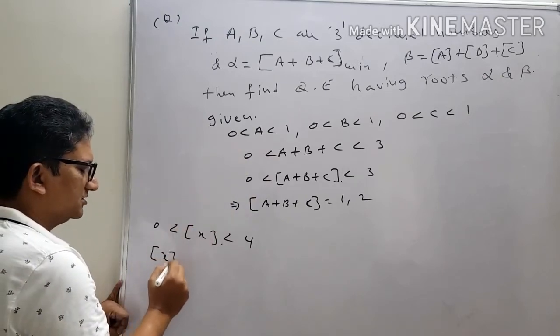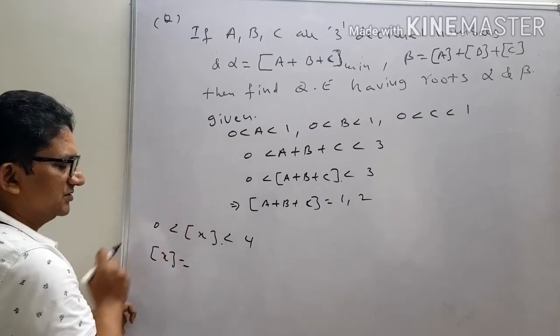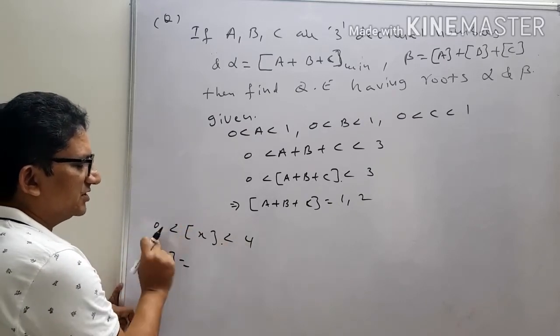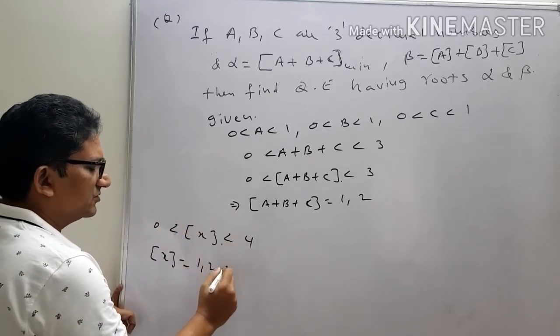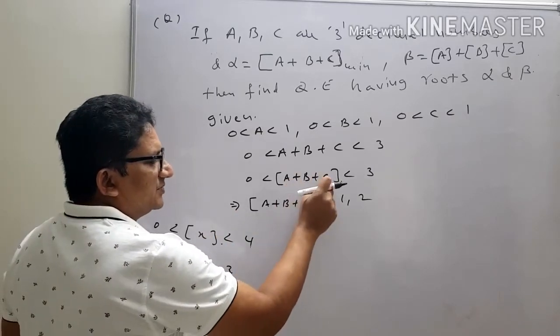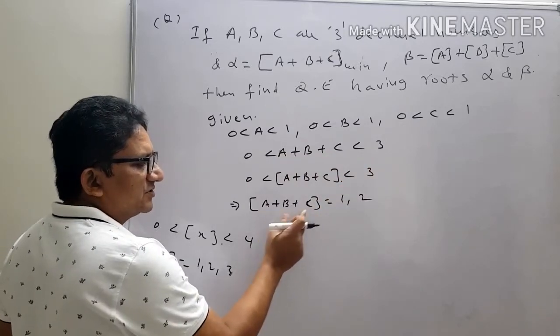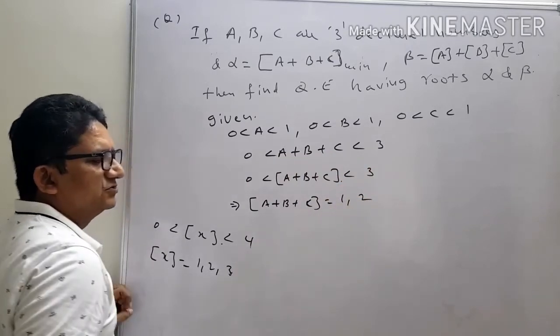Then the possible integers between 0 and 4 are 1, 2, 3. Like that, here [a plus b plus c] lies between 0 and 3, so the possible values are 1, 2.